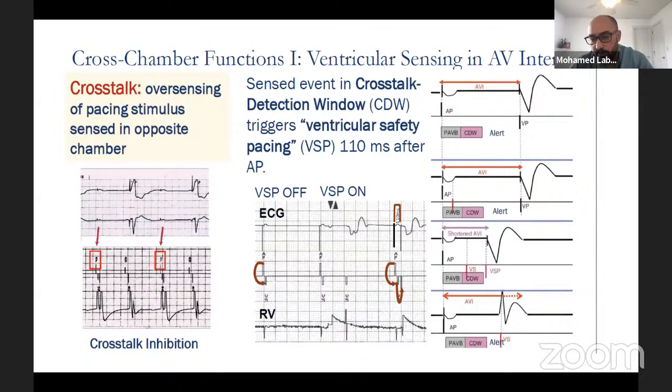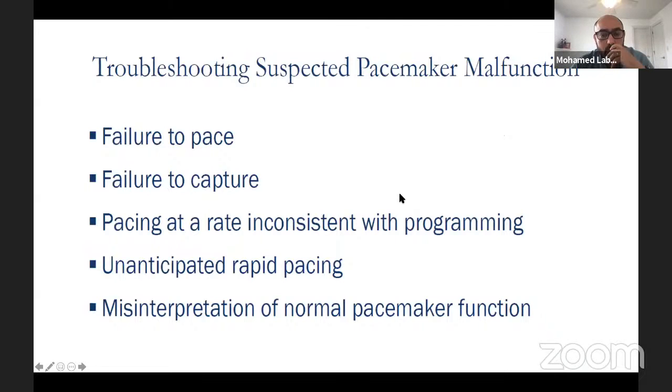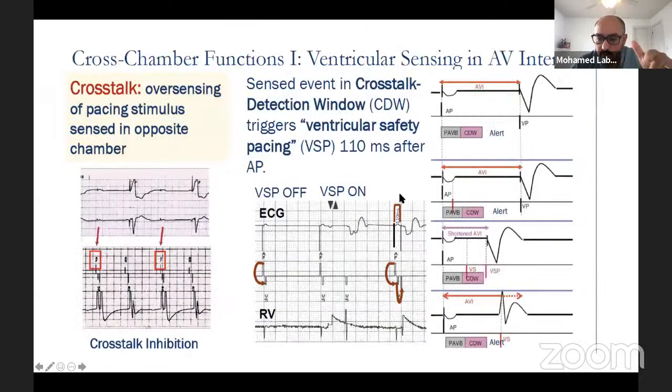That's why you have this feature. So this feature is to prevent cross-talking, basically. So that's another important feature and fundamental of pacing.